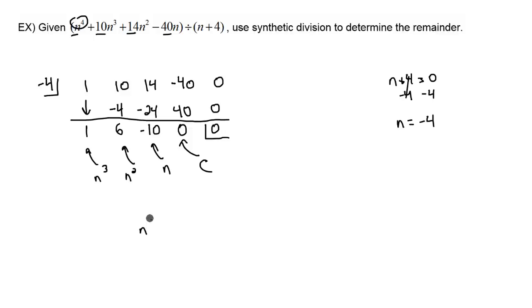So this is going to be 1n cubed, and then plus 6n squared minus 10n. Our constant was just 0, so we don't have to write that, and our remainder is 0, so we don't have to write in that remainder, so that would be our quotient, if that's what we were looking for.